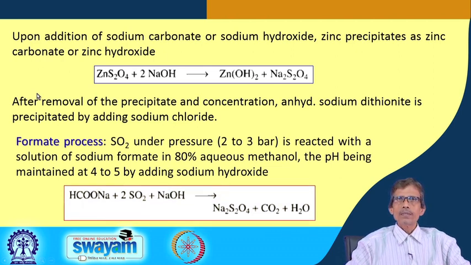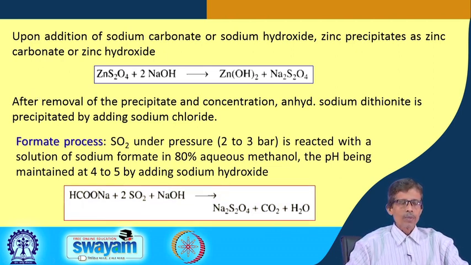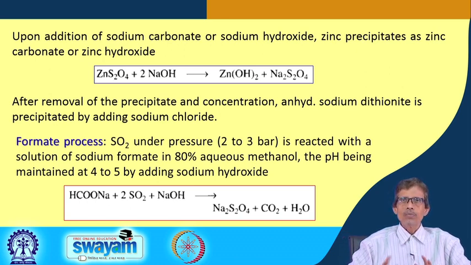that means your zinc dust. So, here we just see what is happening: sodium formate, the sodium salt of formic acid, HCOONa, is used in presence of sodium hydroxide for the reduction of sulfur dioxide.